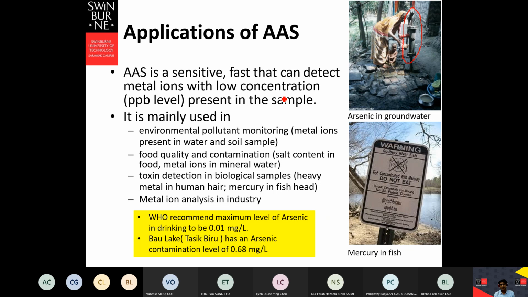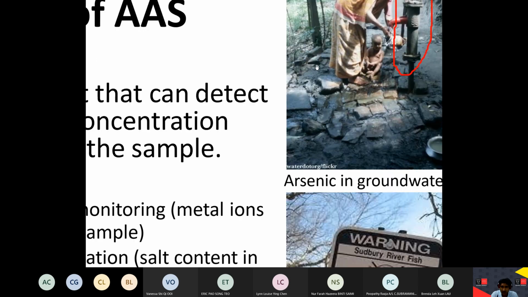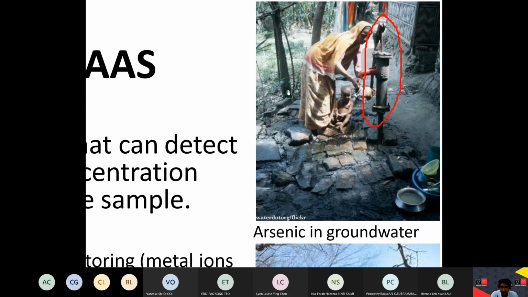There are some NGOs working tirelessly to make people aware. If you can see, this part of the tube well is red. Whenever they detect that this tube well has pumped up water containing arsenic, they put this red color to mark that it is dangerous to drink.